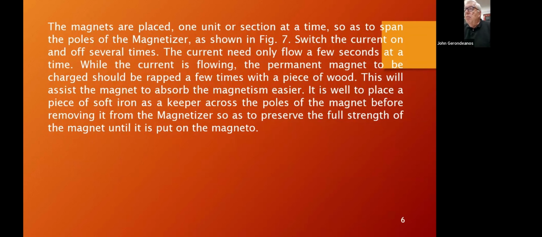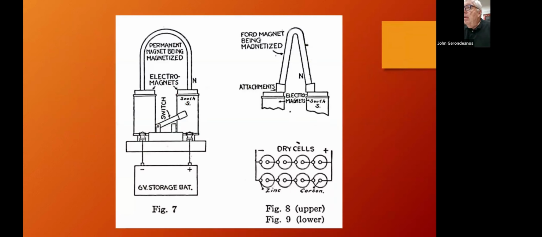And then the next picture that we see is a magneto magnet on the magnetizer and a Ford magnet on the magnetizer. You'll see on the Ford magnet, they've actually put special pole pieces on the magnetizer so that they minimize the air gap. This is actually very important, and most of us don't do this.